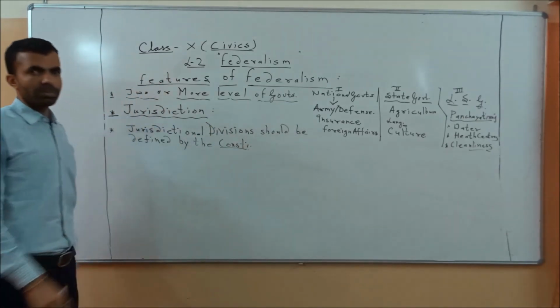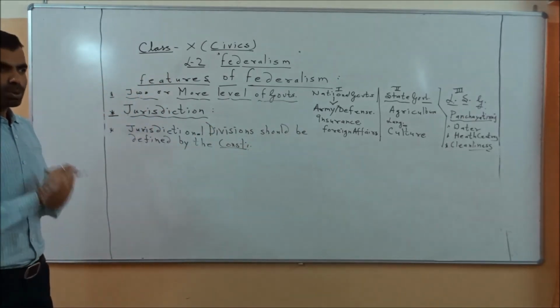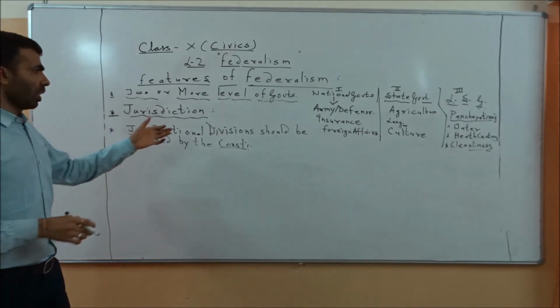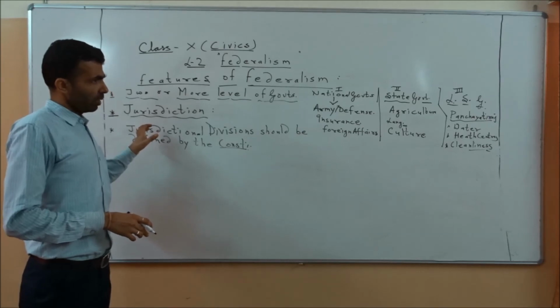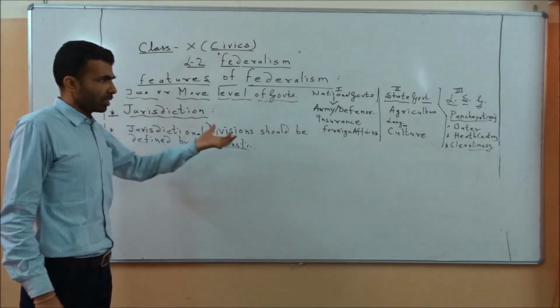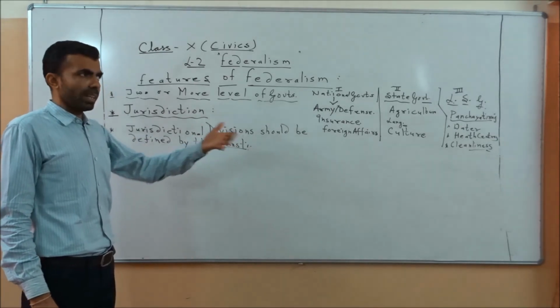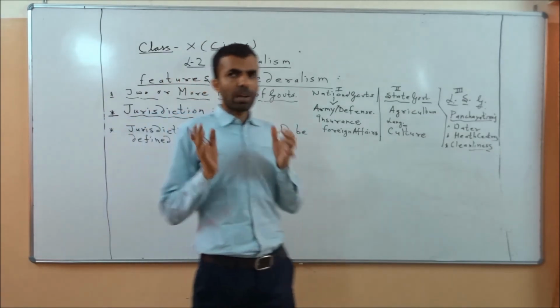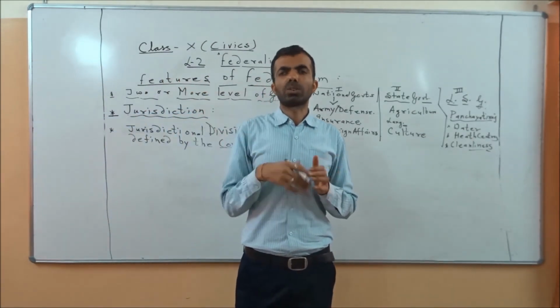What does this mean? This means that the Constitution of that nation itself should make clear what areas national governments would be dealing, state governments would be dealing, and local self-governments would be dealing, so that later on conflict does not enter in.